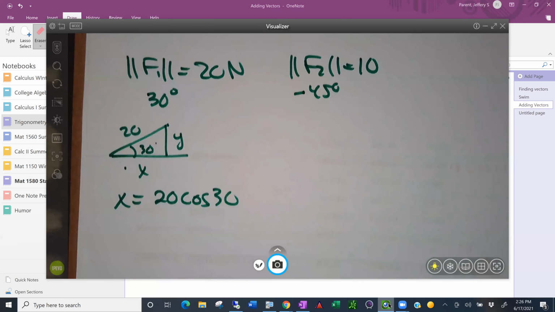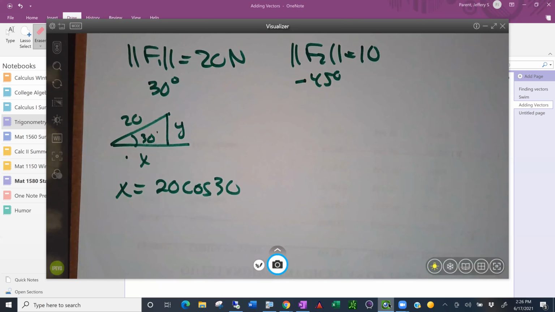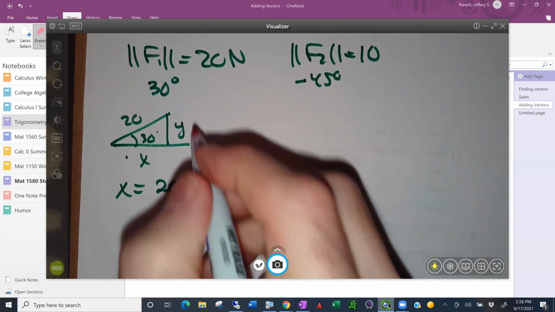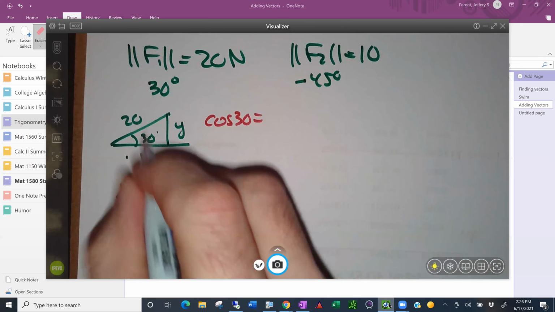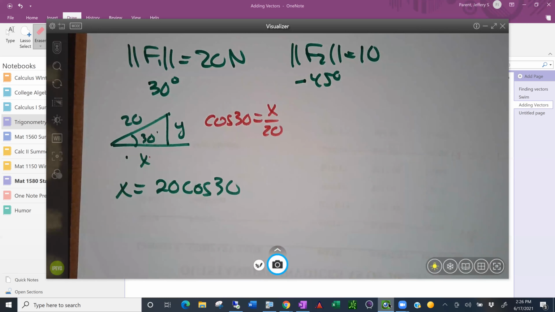And I apologize, I should probably motivate that a little bit more. Remember, the cosine of 30 is going to be x over 20. And if you multiply both sides by 20 to solve for x, you get this.